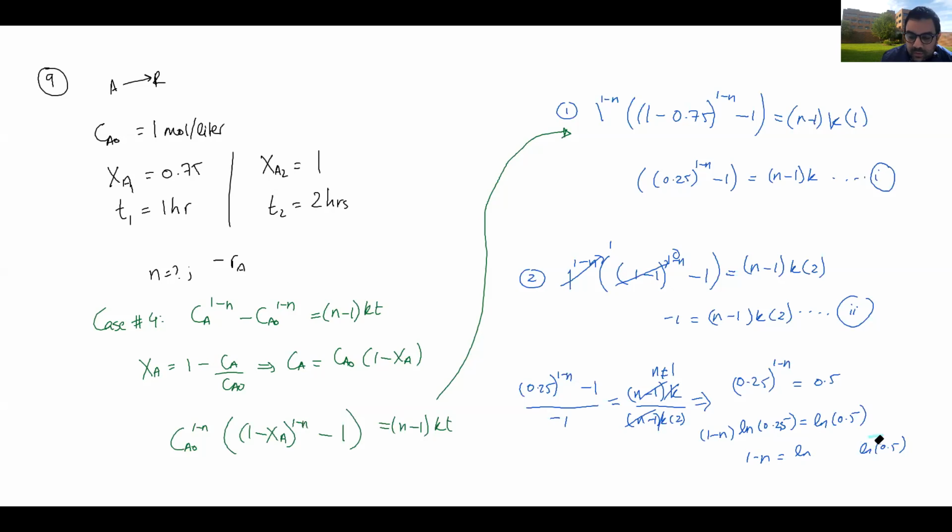I mean, the answer is half, but it's just going slowly through the math. Hopefully you don't need this part, but it's always good to remember these little math things. ln 0.5 divided by ln 0.25 is, is it 2 or is it half? It's half, sorry. So I have 1 minus N is equal to half, which means that N is equal to half.